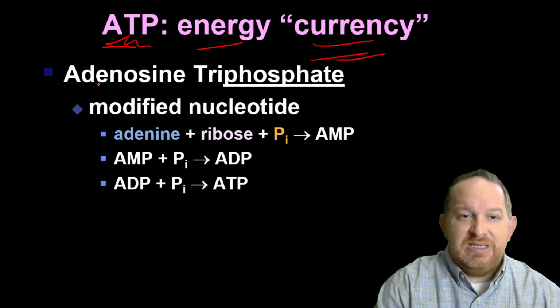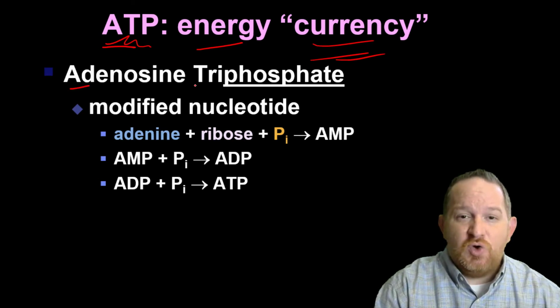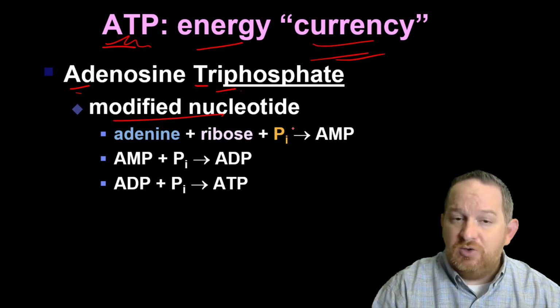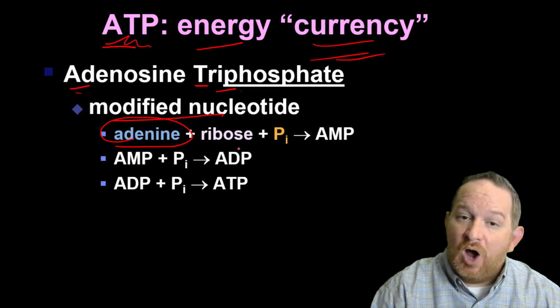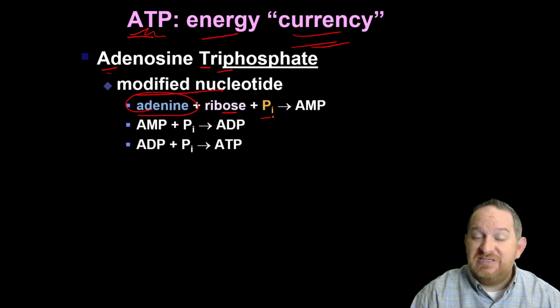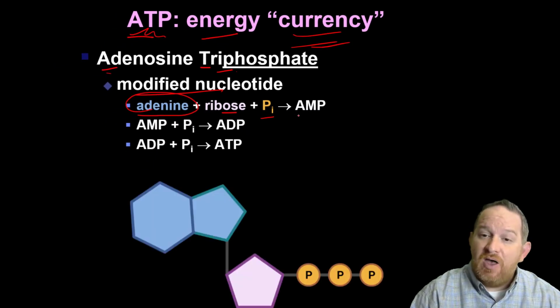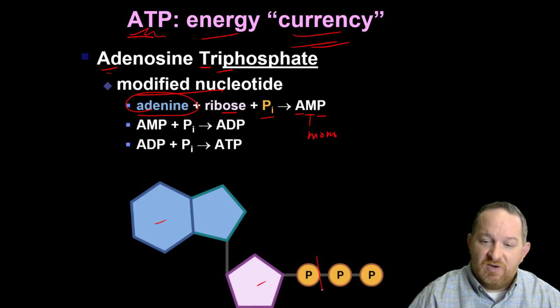So ATP stands for adenosine triphosphate. This is really just a modified nucleotide. So we have an adenine, which is a base, a ribose sugar, and then several phosphates. Now, AMP stands for adenosine monophosphate. That would be if there was the adenine, the ribose, and one phosphate.